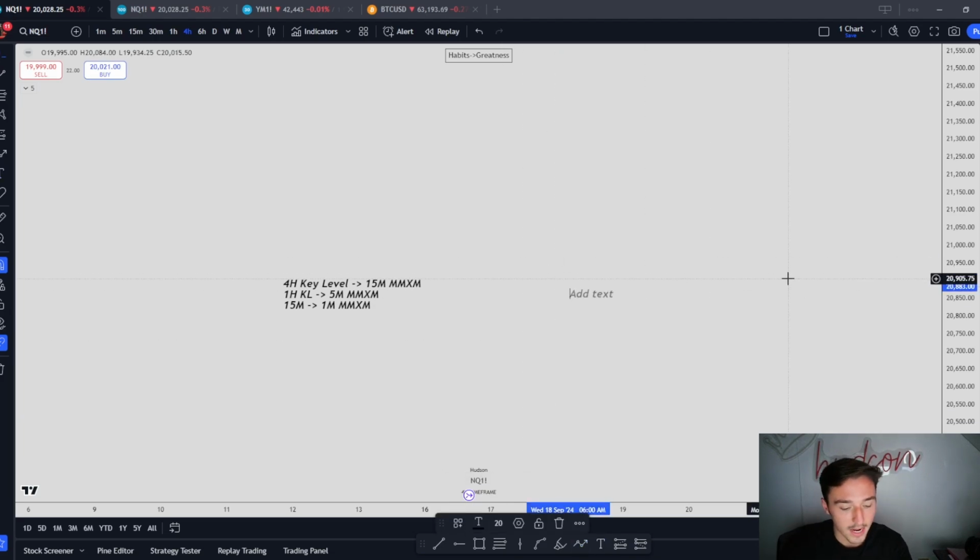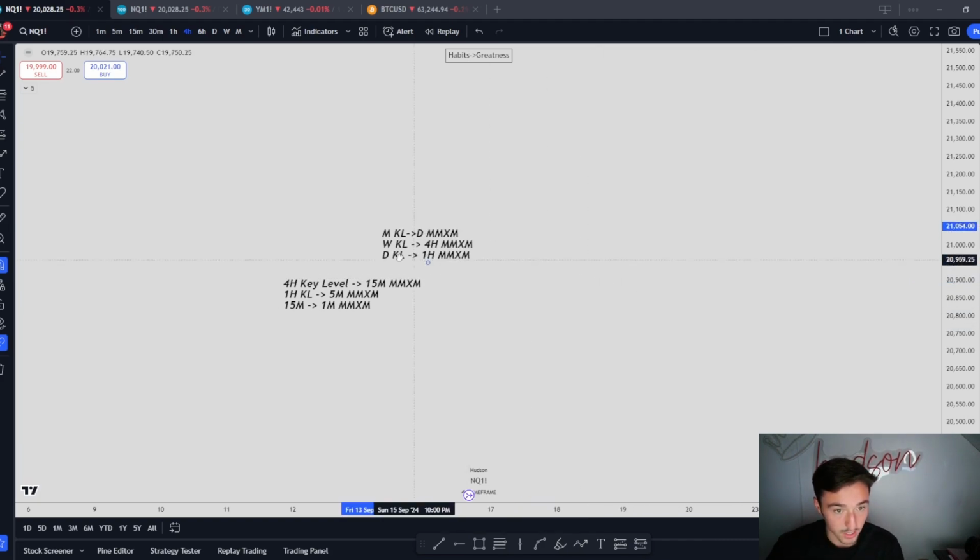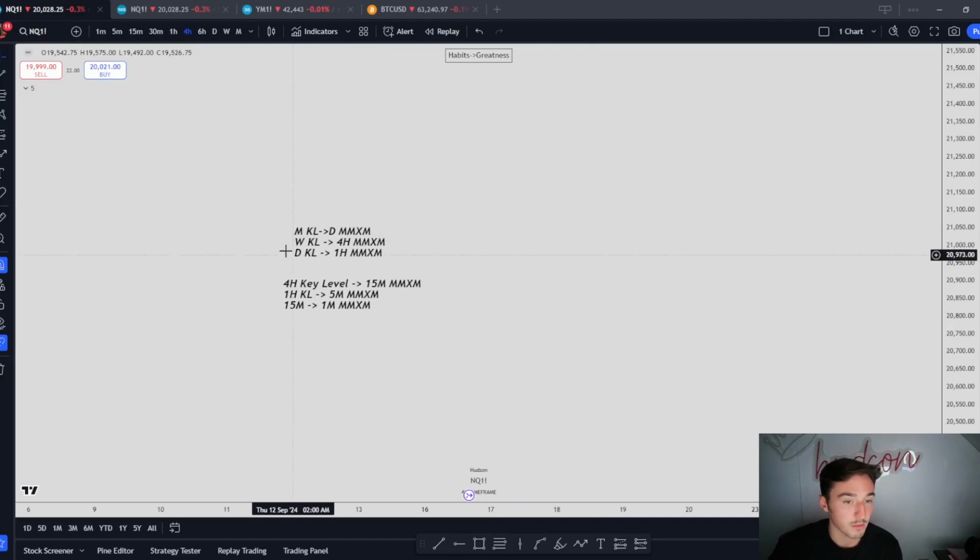Now, the higher time frames: monthly key level to a daily market maker model, weekly key level to a 4-hour market maker model, and then finally daily key level to a 1-hour market maker model. These are your time frame alignments: monthly to daily, weekly to 4-hour, daily to 1 hour, 4-hour to 15-minute, 1 hour to 5-minute, and 15-minute to 1 minute.